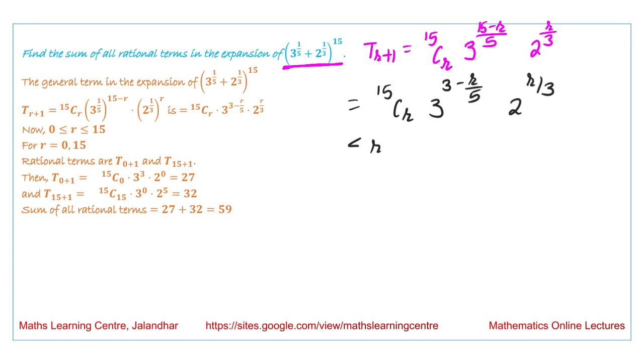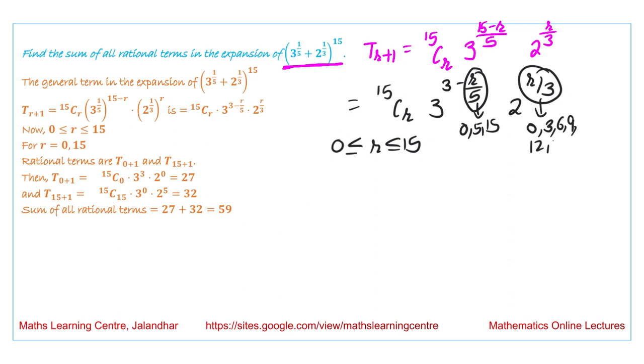The values of r can be between 0 and 15. This will be an integer for r = 0, 5, 10 and 15. This will be an integer for 0, 3, then 6, 9, 12 and 15. The common values of r we obtain are 0 and 15, for which both these powers will be integers.